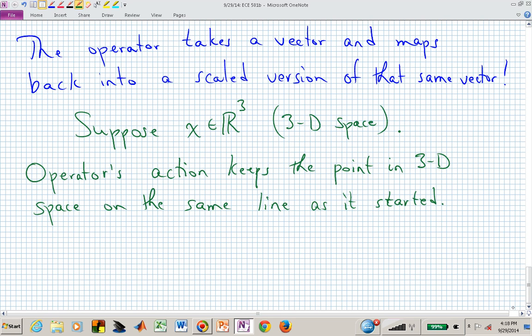And that's the intuitive thing that we want to keep in mind when we're talking about an eigenvalue or an eigenvector. Now we start at some point, and that point can be used to draw a line through the origin, and now the eigenvector actually keeps us on that line. We map from that point back onto the line. Maybe we've just been relocated somewhere other than where we started on that line.